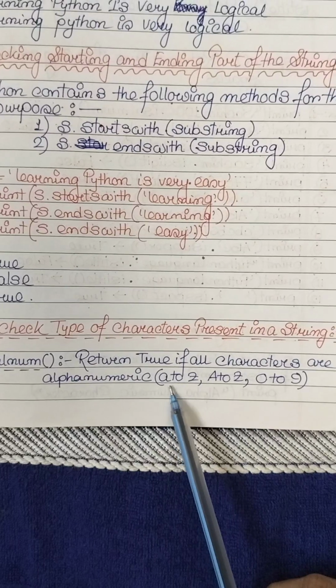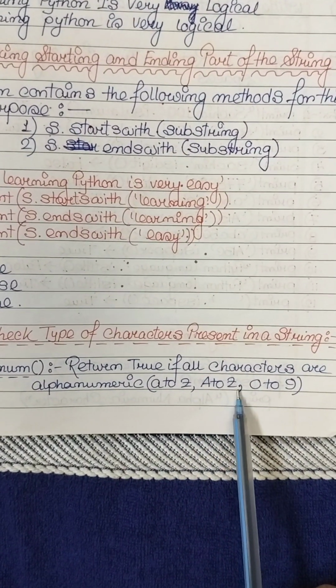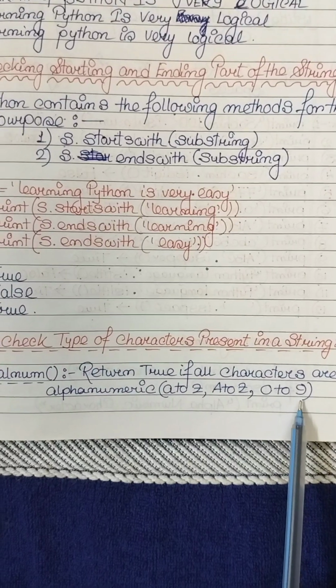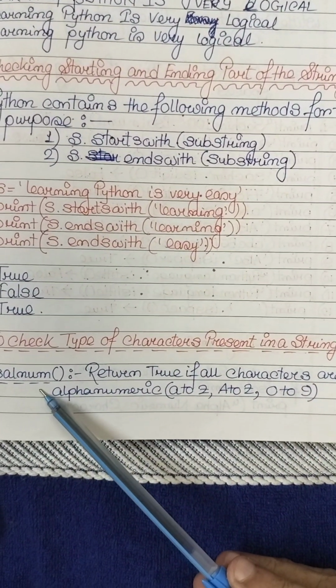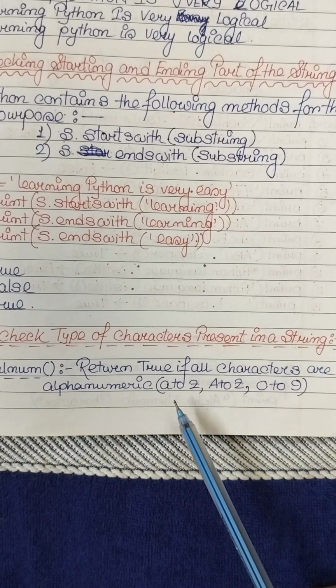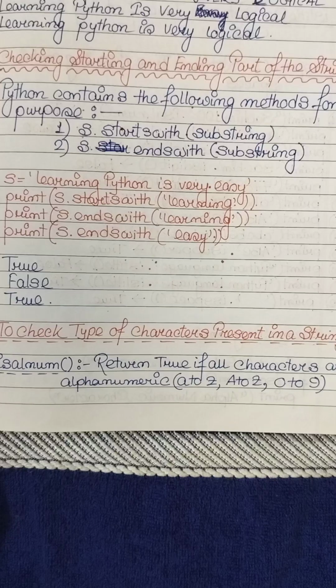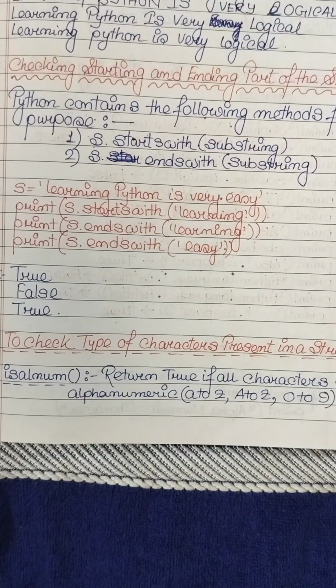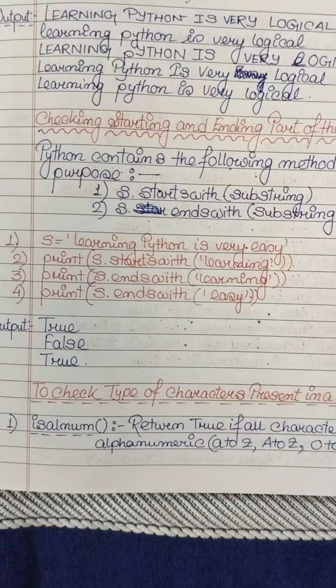Alphanumeric means a to z, capital A to Z, and 0 to 9. If the string contains only these, it will return true.